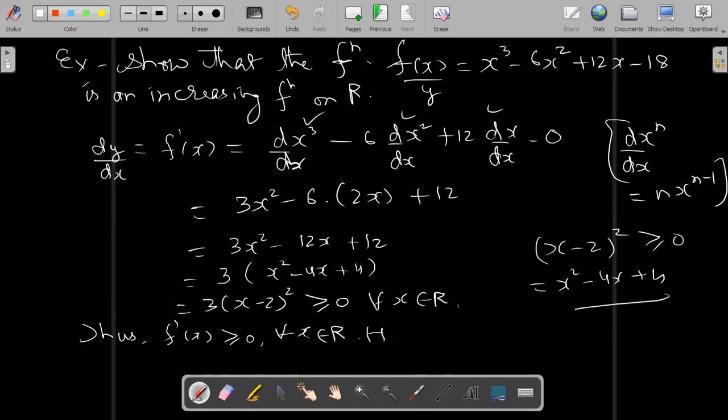Hence fx is an increasing function on the real numbers R.